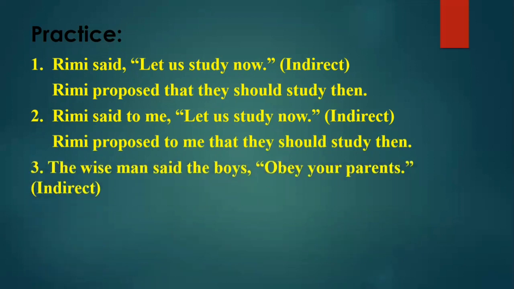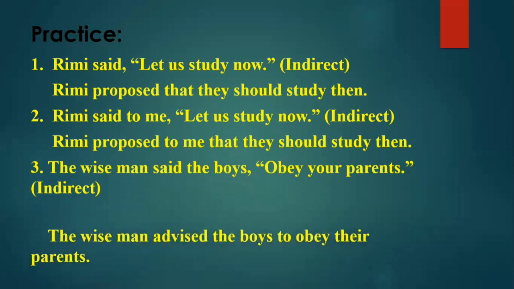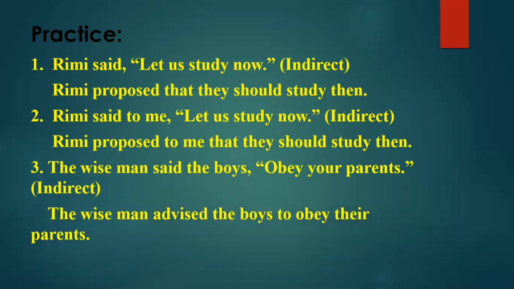Next sentence. The wise man said to the boys, "Obey your parents." So what will be the indirect form? Yes, this is the indirect form. The wise man advised the boys to obey their parents. Okay, dear learners, as it is an imperative sentence, before the verb we have to use to.